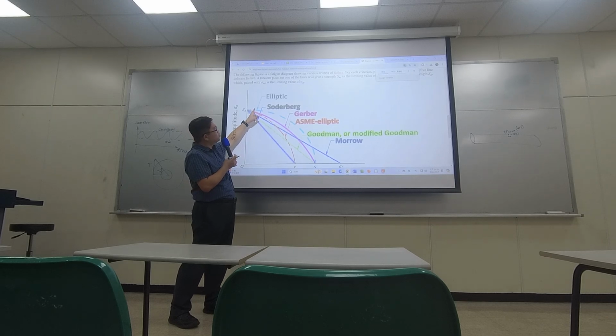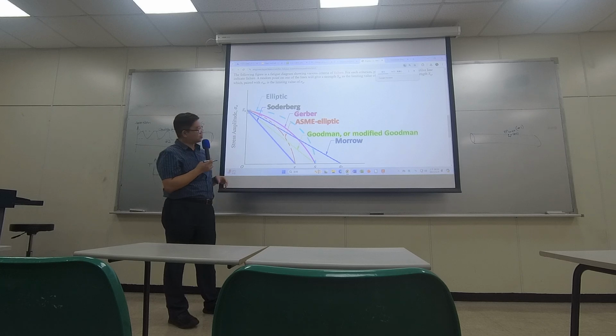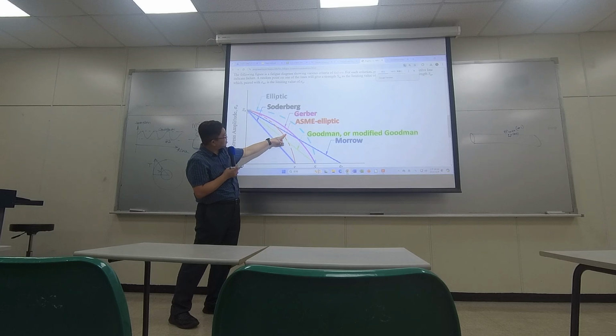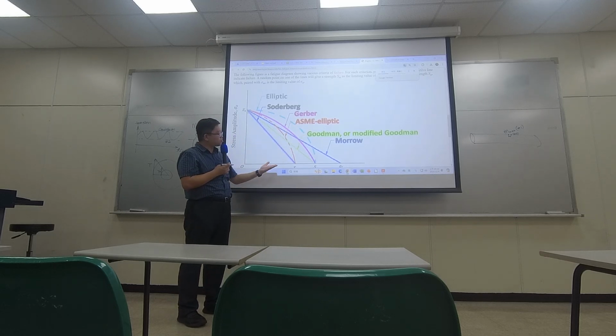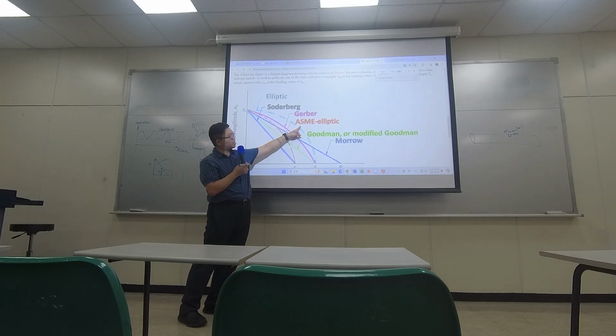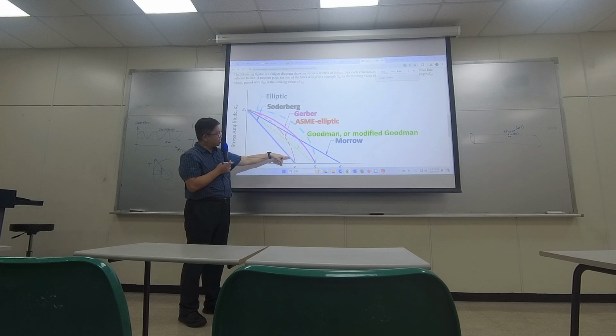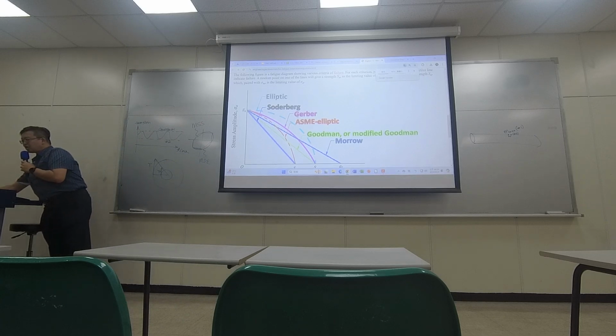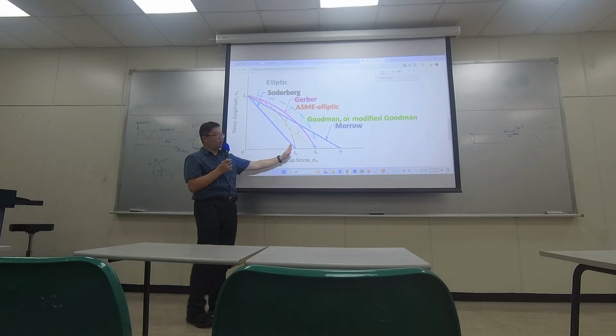So people started to form different mathematical models. Let's take a look at this red one. The red one is the elliptical model. People tried to use the same corner points but different shapes, starting to use nonlinear shapes. Here, the red one is an ellipse, and the ASME, the American Society of Mechanical Engineers, defined this elliptical shape, using the yield strength as the upper limit for the mean part.